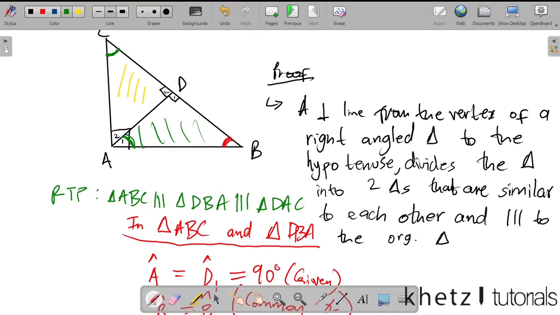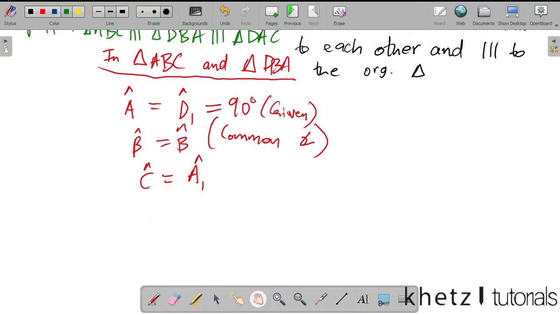Now, if the other two angles are equal, this means that the last angle of each of the triangles is equal. And the reason for that is third angle of triangle, because all of these have to add up to 180.